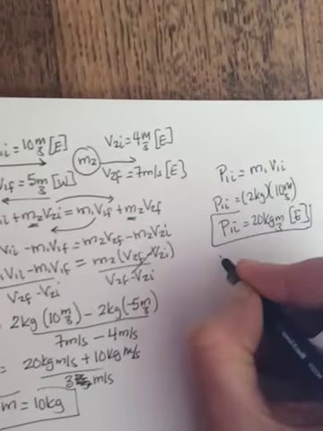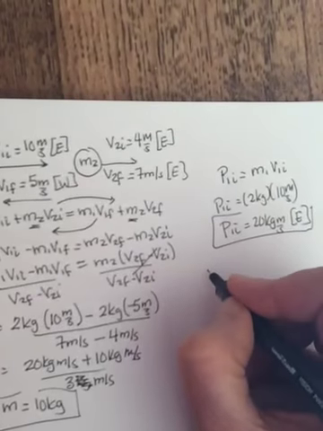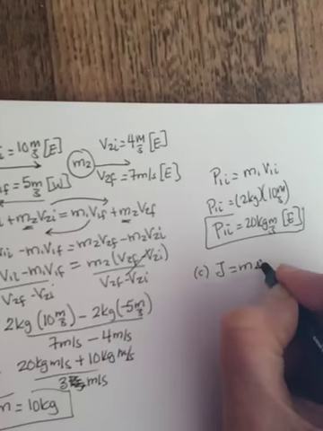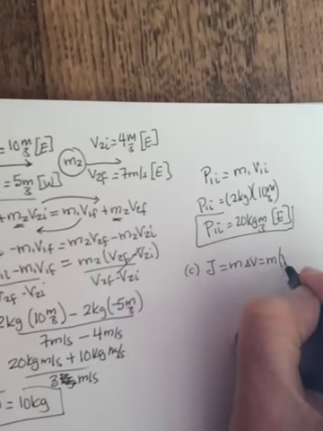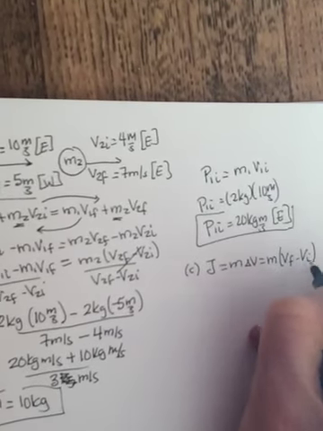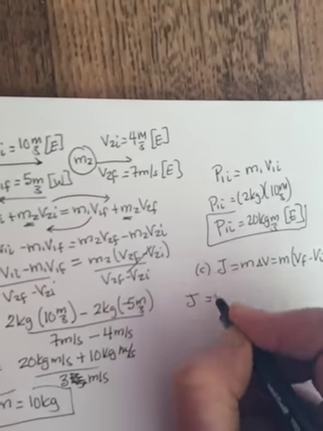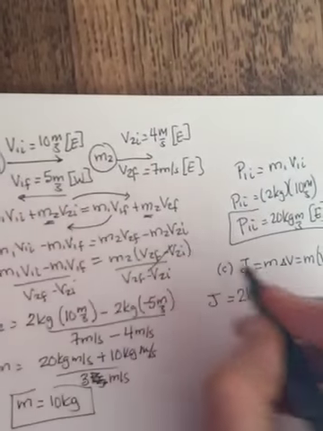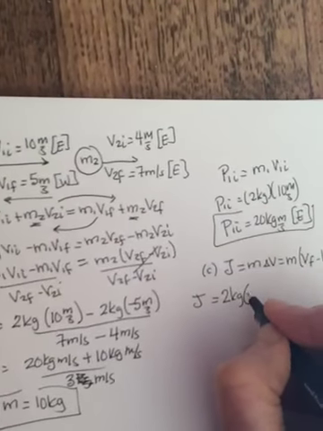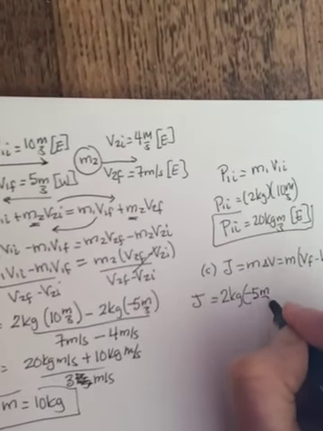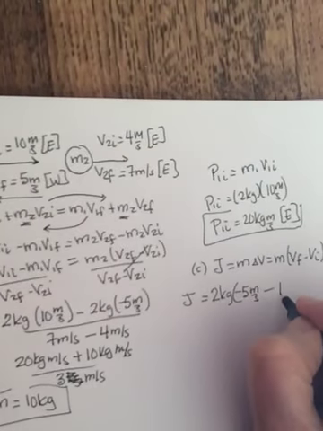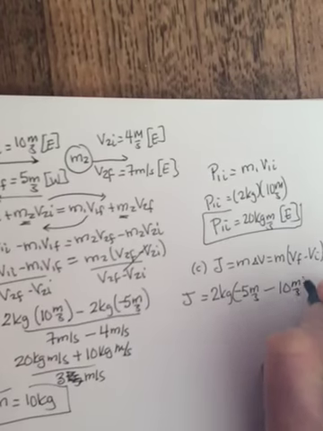That's part B. Part C says, what's the impulse on the red ball? So remember, J is equal to M delta V, or M times VF minus VI. So red ball, so 2 kilograms. Final was 5 meters per second west, so negative 5 meters per second, minus initial, which was 10 meters per second east, so positive 10.